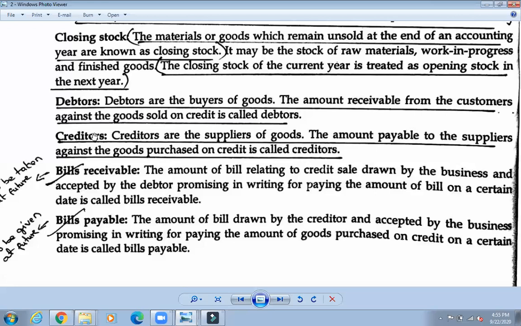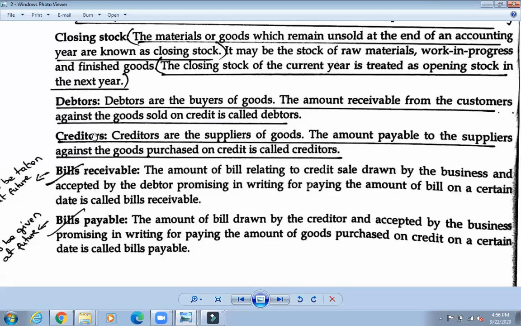Those who give baki, that is, who give credit to others, that is called creditor. Creditor means not the person who takes the loan, but the person who gives the loan. If I am giving loan to others then that is called creditor, and who takes the loan is called the debtor.